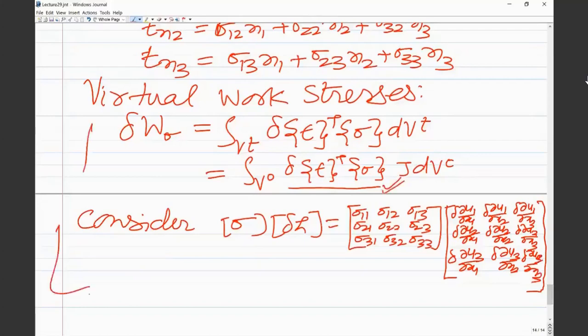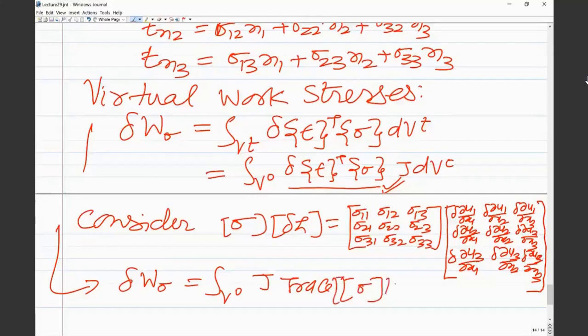So you can write finally, this delta W sigma is equal to integration over the reference volume, J we have already got, and then this I can write as trace of sigma into delta H into dV naught.